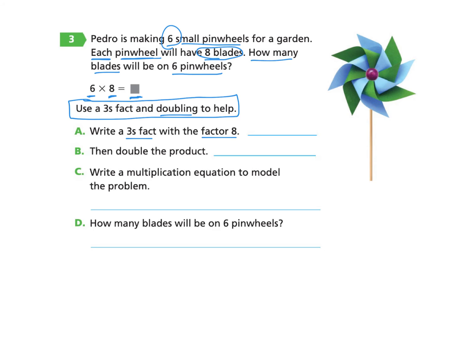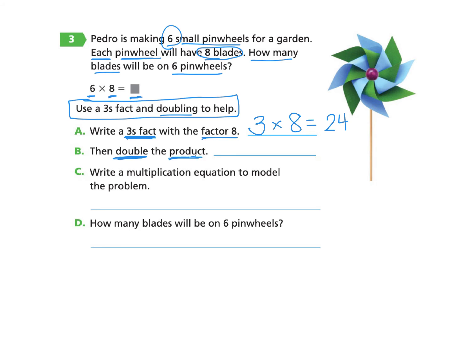So we know that means let's make a multiplication where there is a 3 as a factor. That would be a 3's fact. And the other factor would be 8. And so when we create this multiplication equation, 3 times 8, we can solve that to find that that is 24. And next it says, part B, to then double the product.